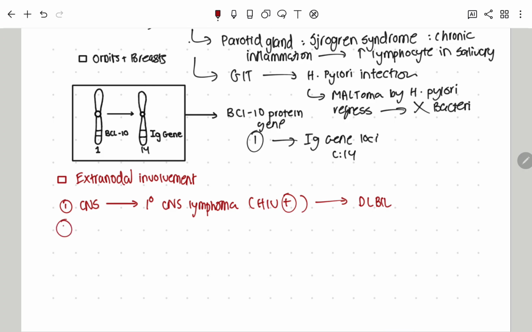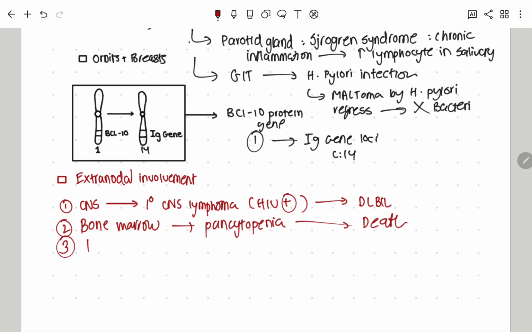Second, as far as extranodal involvement goes, as we said, you can have bone marrow involvement, which results in pancytopenia. And so a complication of pancytopenia is that the patient is immunosuppressed, and this is a common cause of death in these patients. We talked about hepatosplenomegaly and lymphadenopathy.